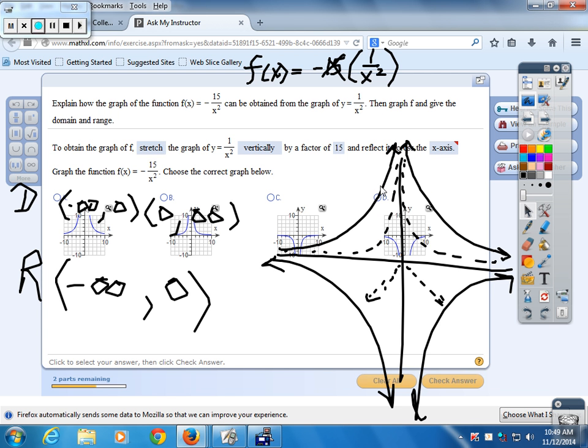See, it's symmetric around the y-axis. How is it only 15 and not negative 15? I am going to throw you out of this classroom. No, but honestly. What does negative and positive tell us? If it's flipped. Okay. 15 tells us what? If you stretch it.